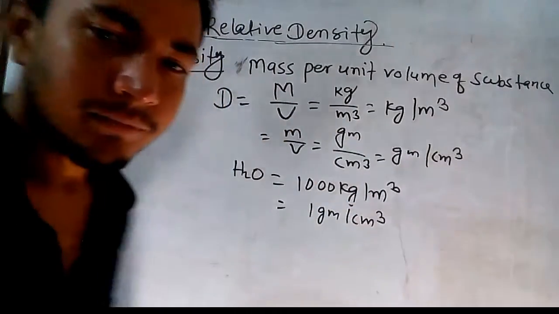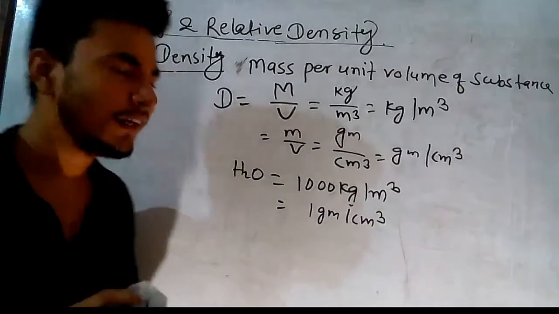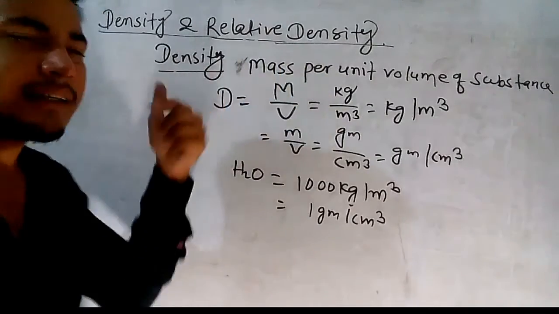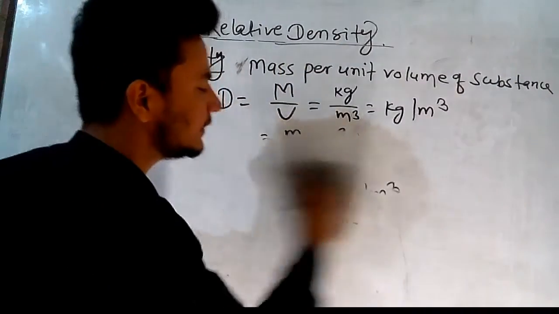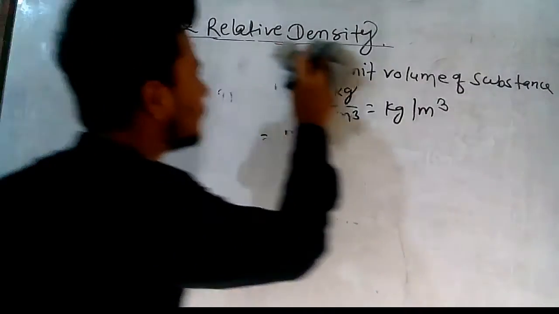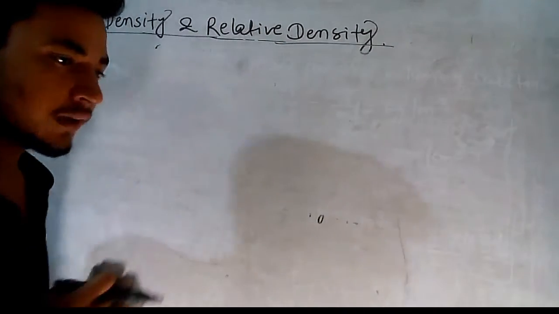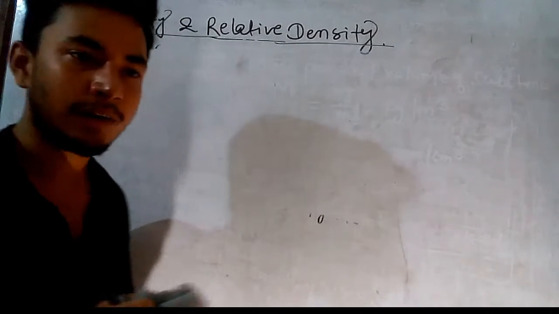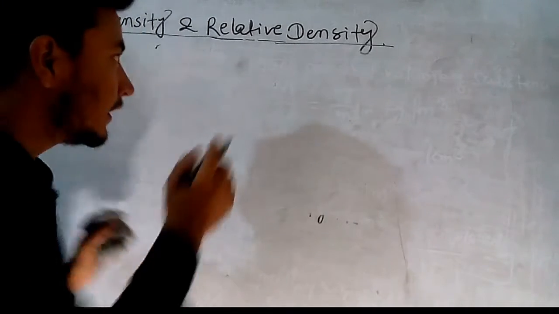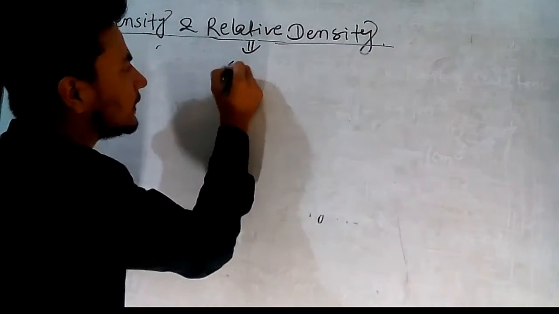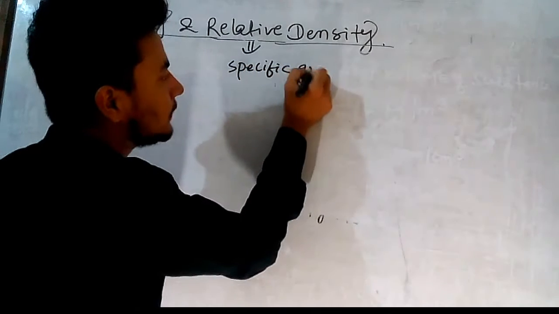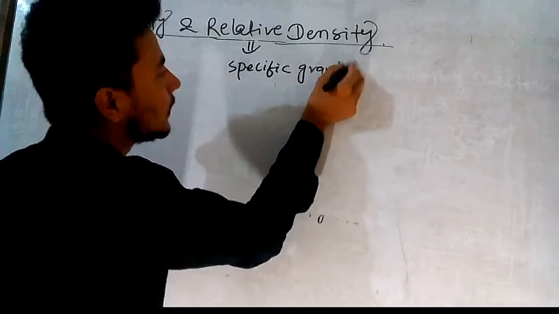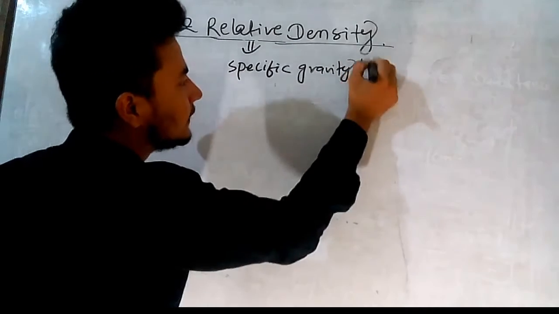Relative density is also called specific gravity or specific density.